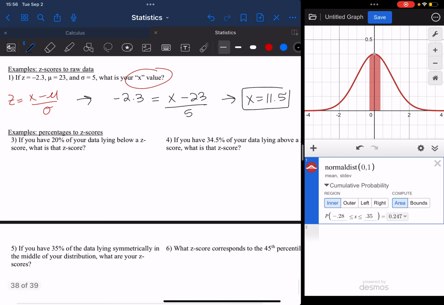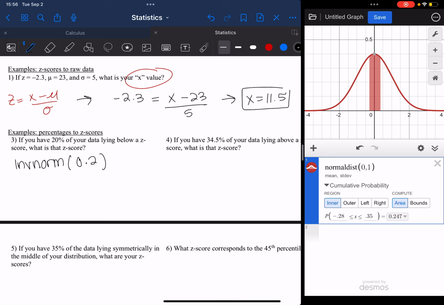In the next couple examples, it's now asking us to find our Z-score. It says if you have 20% of your data lying below a Z-score, what is your Z-score? Well, in order to find this, I would have to find the inverse norm of 0.2, because 20% as a decimal is 0.2.